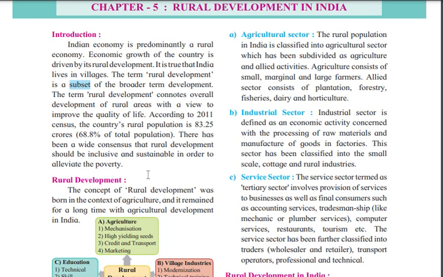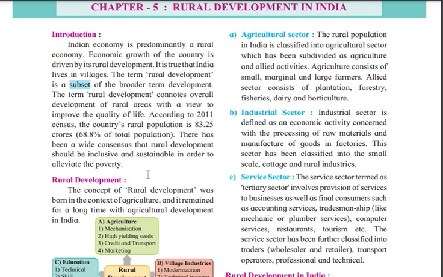So the rural population in India is classified into the agriculture sector, which has been subdivided as agriculture and allied activities. So if you see, the rural population is divided into two.